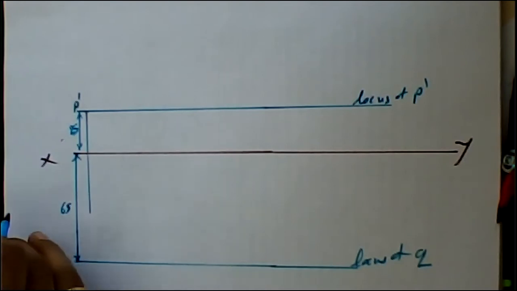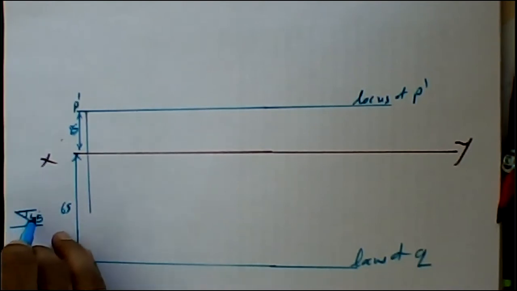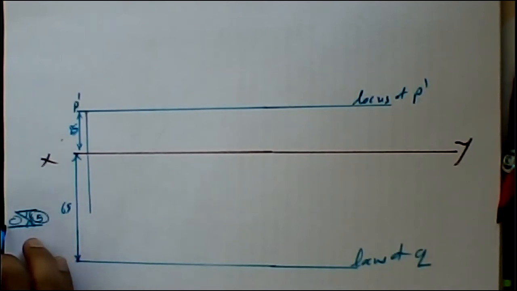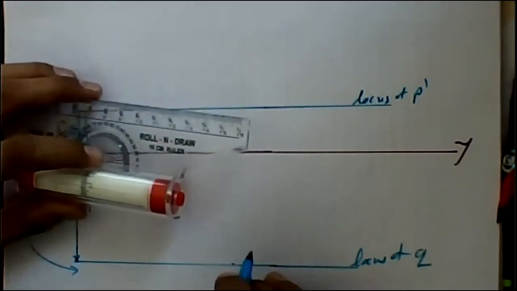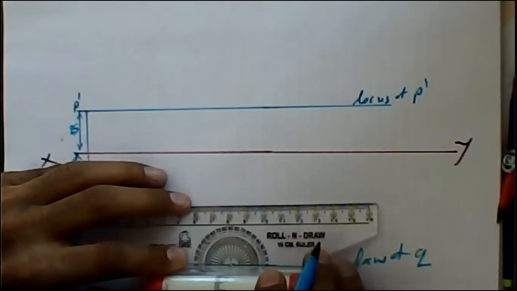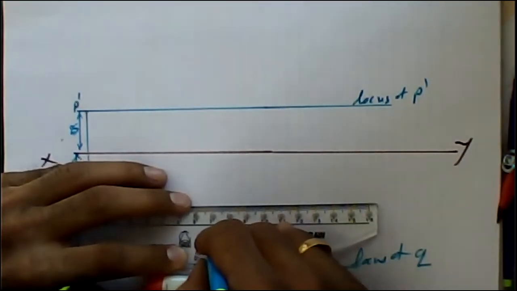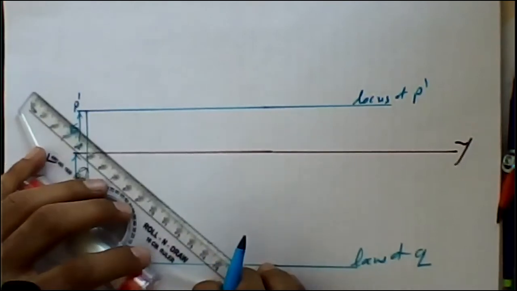So if I draft 45 degrees like this, then from the other angle it is also going to be 45 degrees. So if here it is 45, then here also the angle will be 45. So we consider this line and move ahead. I am just taking a reference of 45 degrees over here. Here I take a placement of 45 degrees.